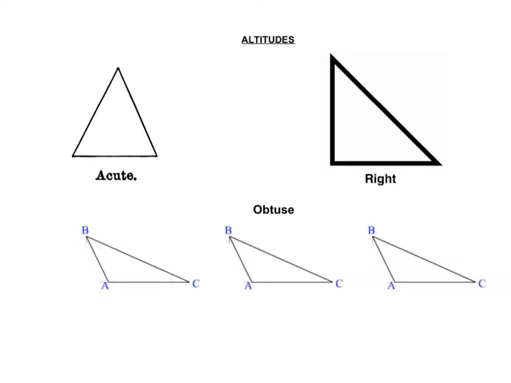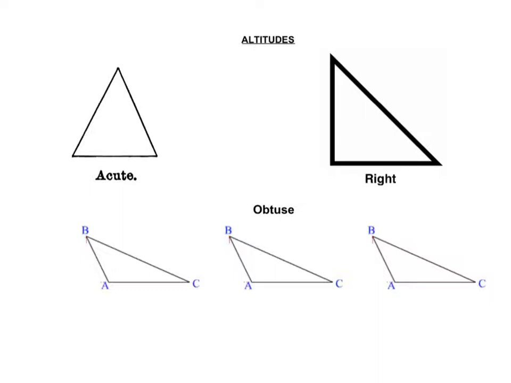To show you the different types of altitudes for different triangles, we'll look at an acute triangle, a right triangle, and then 3 altitudes for obtuse triangles, because we're going to get 3 different types of altitudes for obtuse. So an altitude for acute, we said, is the perpendicular bisector from a vertex to the line containing the opposite side.